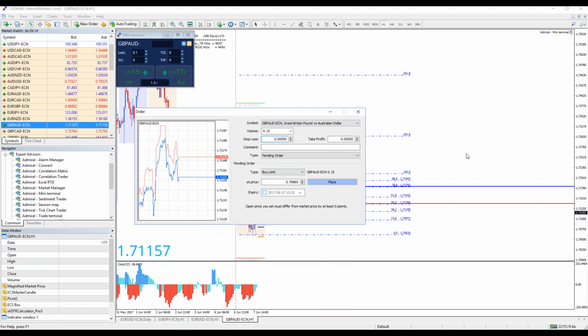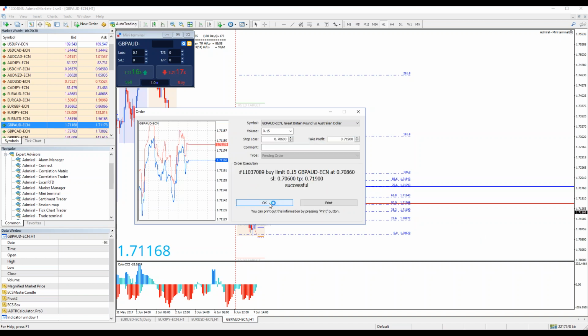So stop loss is only 28 pips. Final TP is 79.95. I like this 88.6. 90, let's say. Okay, done.